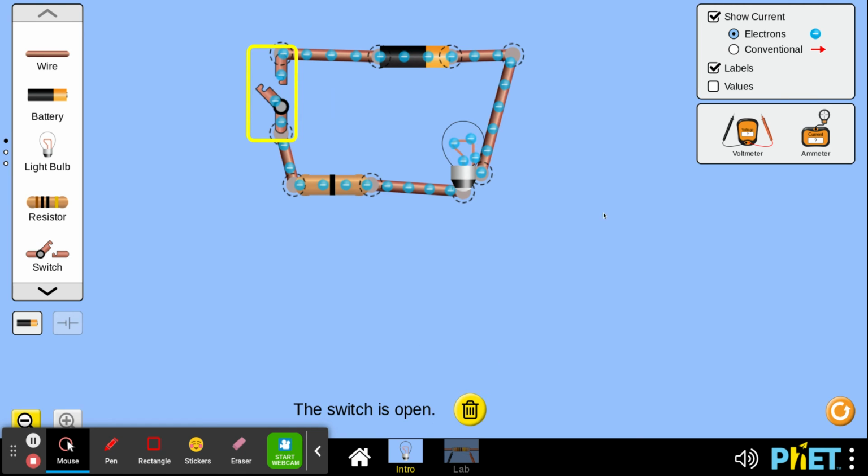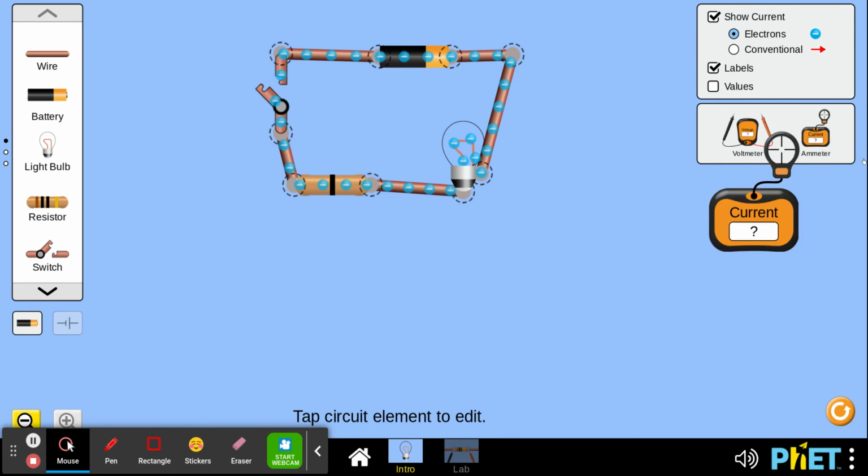The other thing that you are going to be doing, you're going to be making 4 observations as you increase resistance. One of them is how fast the electrons are moving around the circuit. Another one is what is happening to the brightness of the light bulb. The third one is you're going to get a current reading.